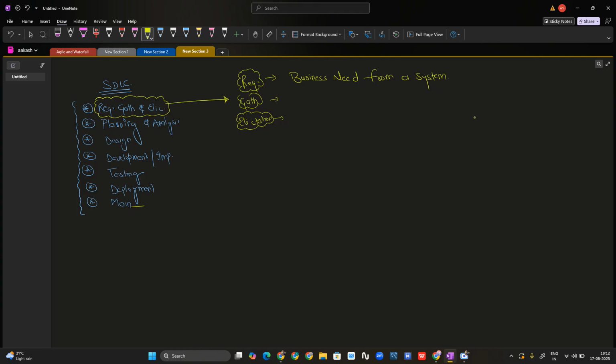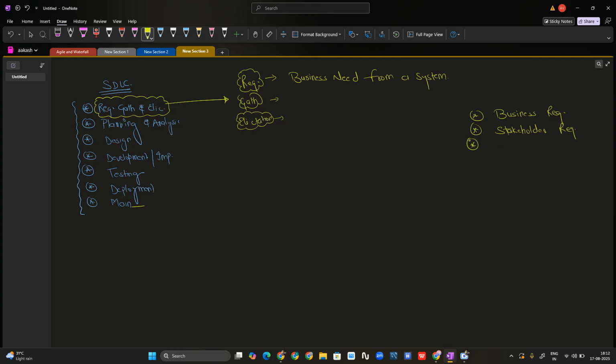When we talk about the types of requirements, because there are a number of types of requirements in projects: the very first is business requirement. Second is stakeholder requirement.